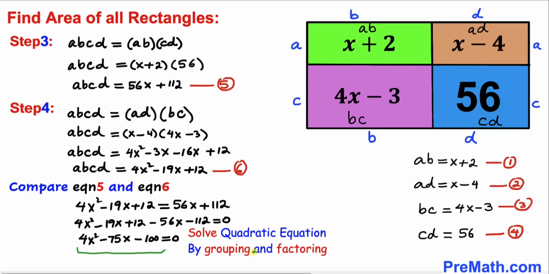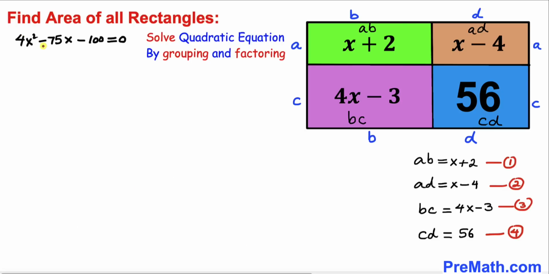Now we can see that this is our quadratic equation, and we are going to solve it by grouping and factoring. Now we are going to tweak this part. Negative 75x could be written as negative 80x plus 5x. And now we can see we have 4x in common between the first two terms, and over here we have a 5 in common. So let's factor out 4x.